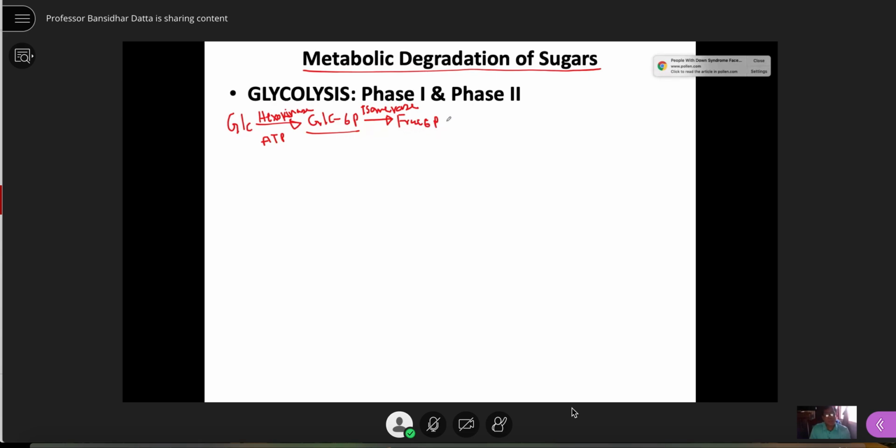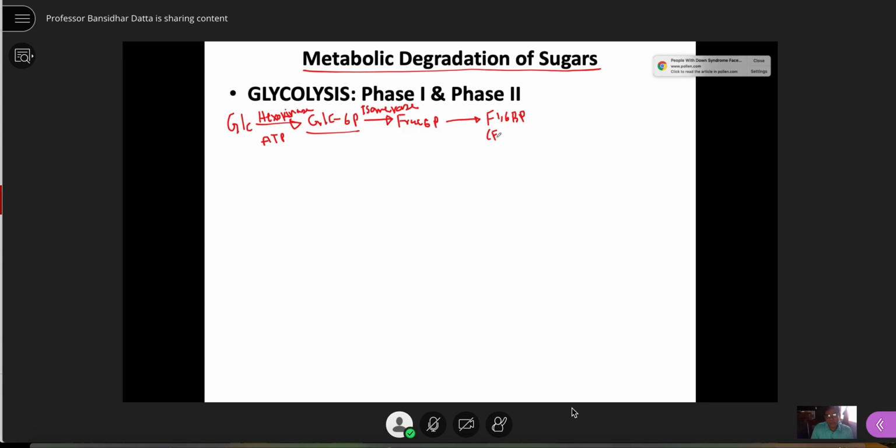Fructose 6-phosphate, with the help of another kinase, is converted to fructose 1,6-bisphosphate, also known as FBP.